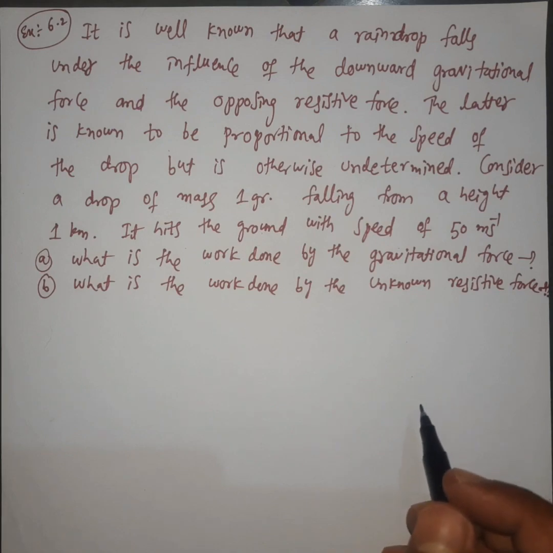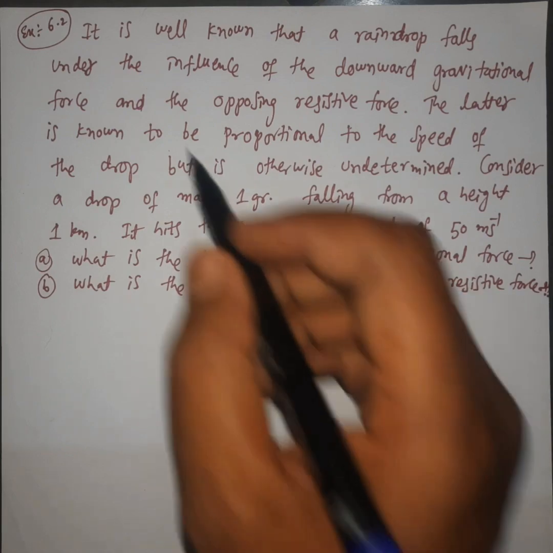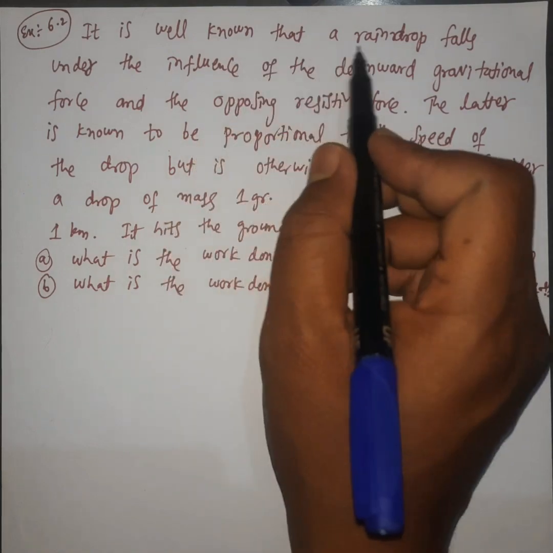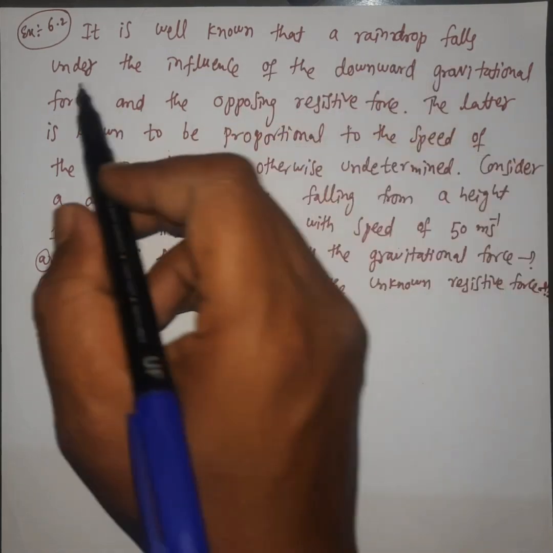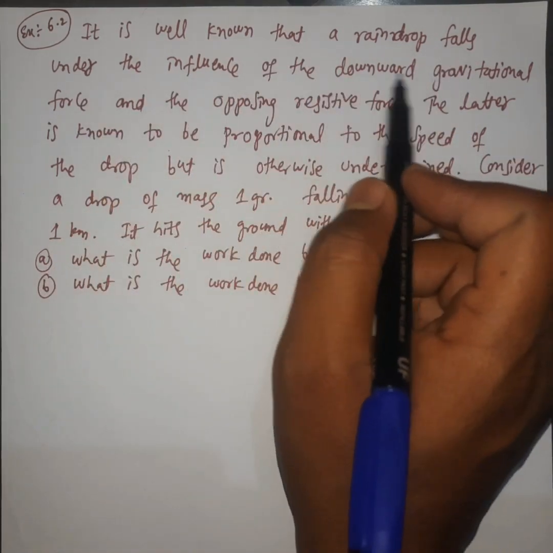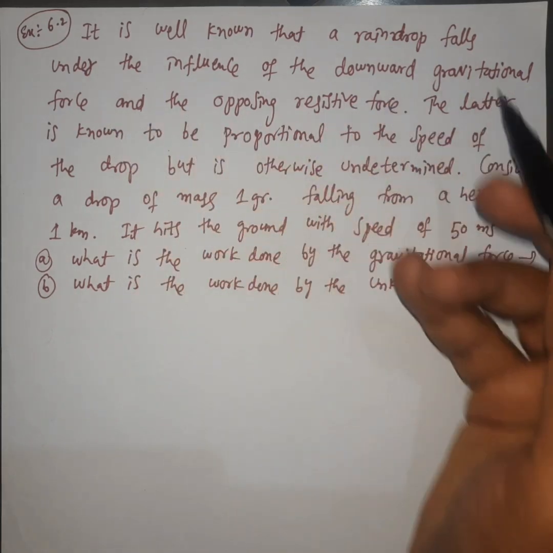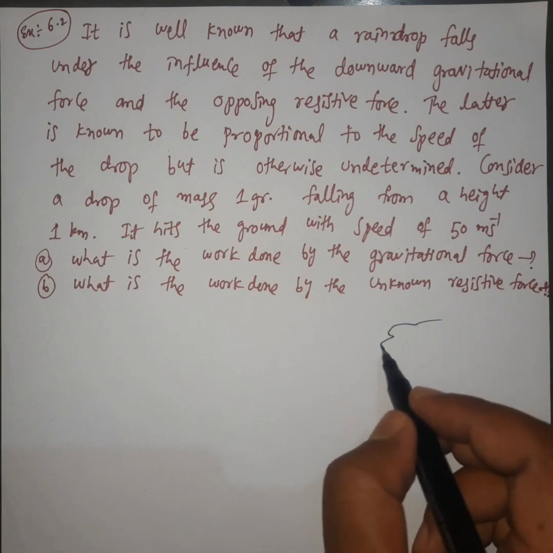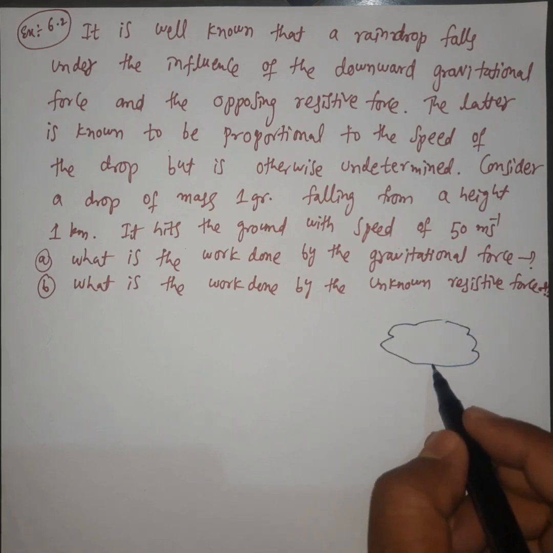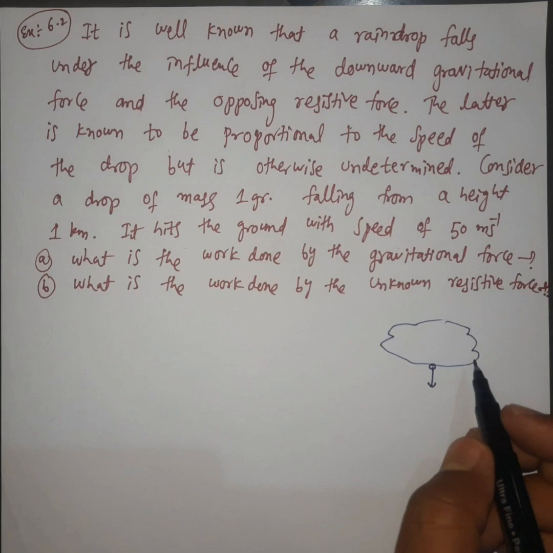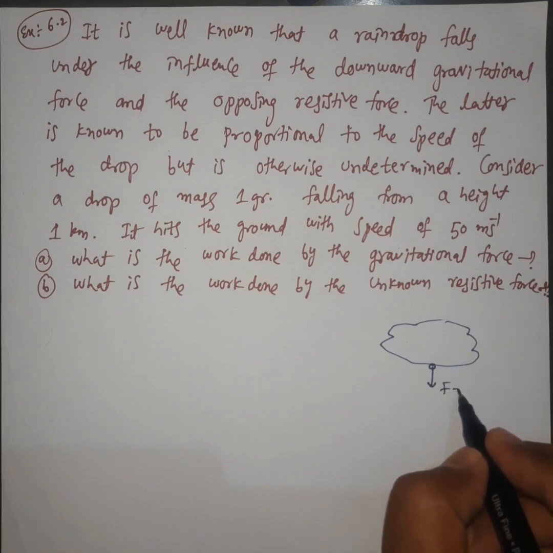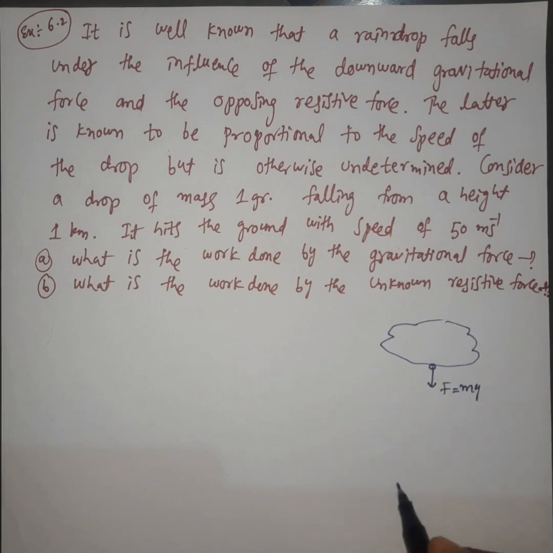Example problem 6.2. It is well known that a raindrop falls under the influence of the downward gravitational force and the opposing resistive force. So a raindrop falls under the influence of gravitational force, that is F equal to mg.